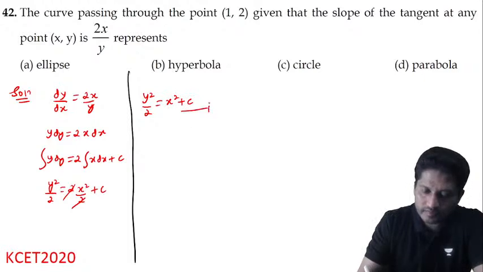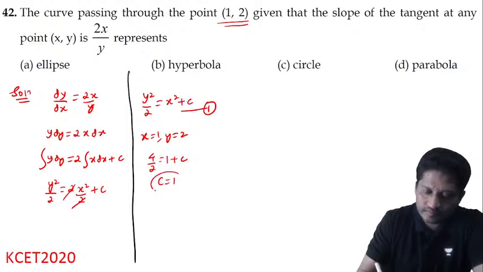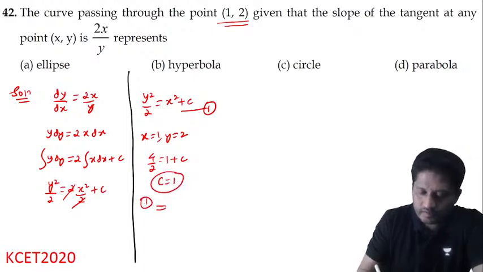You call this equation 1. It is passing through the point 1 comma 2, right? You put x is equal to 1 and y equal to 2. So 4 by 2 is equal to 1 plus c, so c is equal to 1. Equation 1 becomes y square by 2 is equal to x square plus 1.